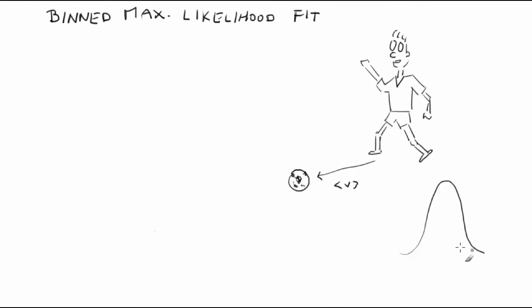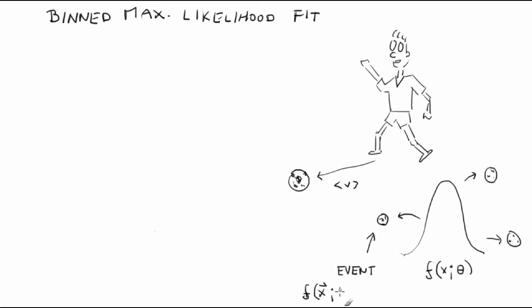From the statistical point of view, each shot is a process of drawing one number from a probability density function. Let's denote the probability density function as f of x with parameter theta. We called the shots events, and we wrote a joint probability density function for the set of events as a product of probability density functions for individual shots.